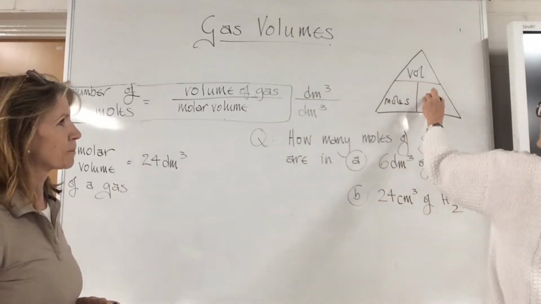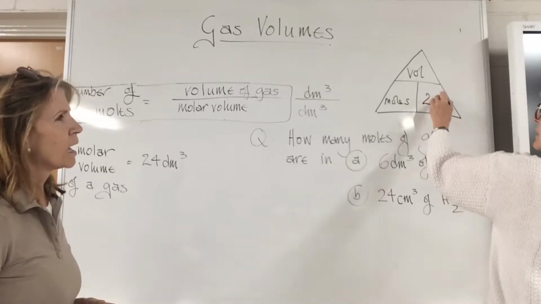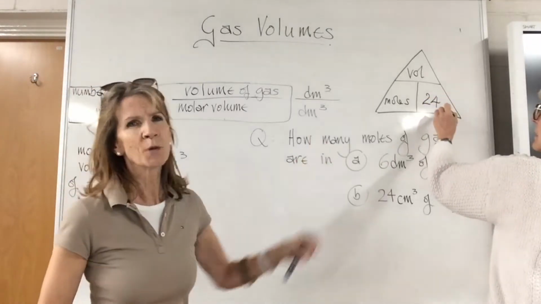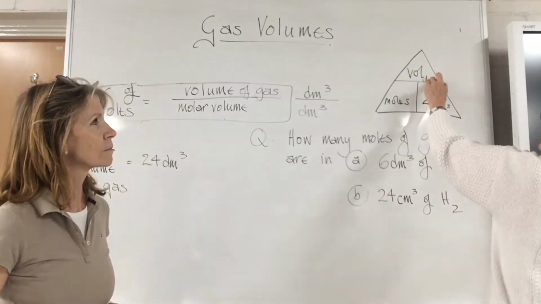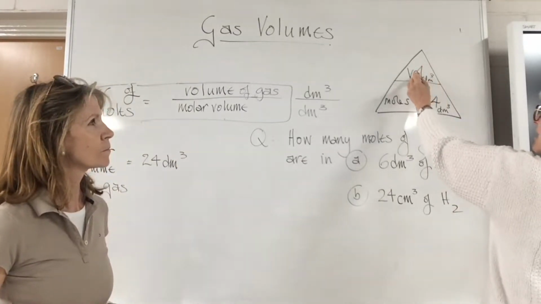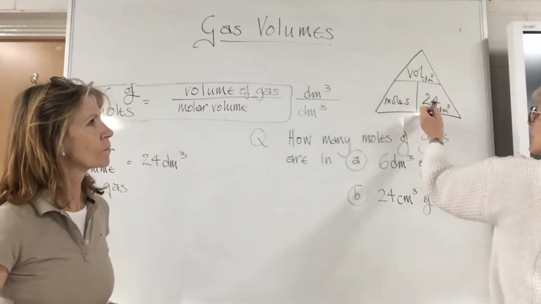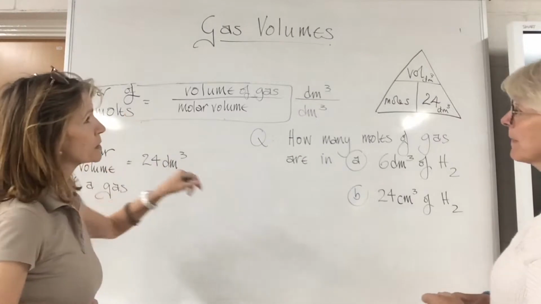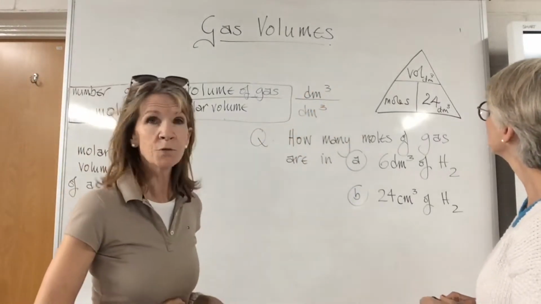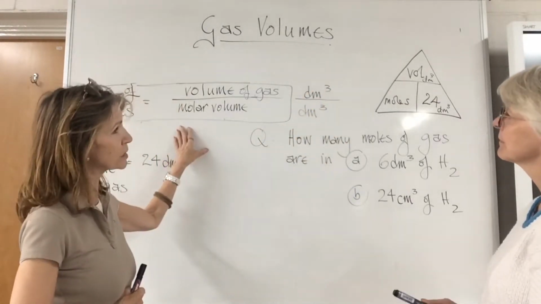That is correct. So I can just put in 24 here. Make sure you put 24 dm cubed. Good idea. So the volume of the gas is the number of moles times 24. And moles equals volume of gas over 24 dm cubed. Yep, I've got the idea of the triangle.